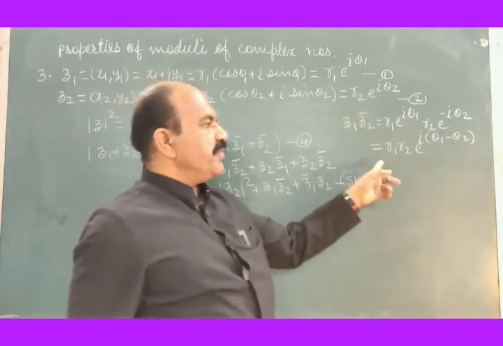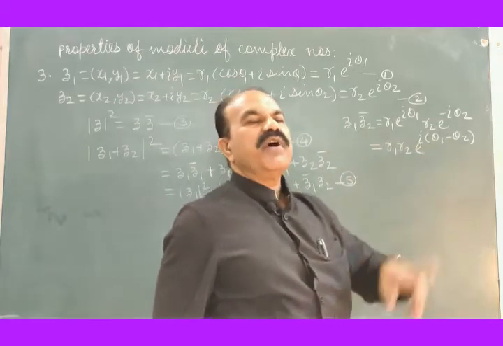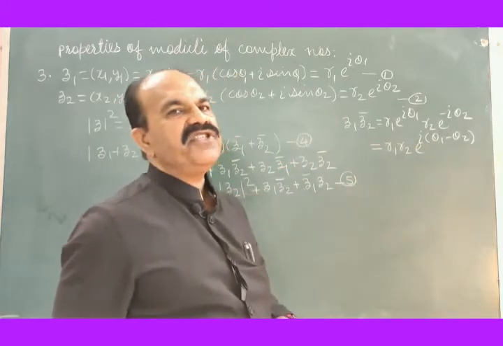So, Z1 Z2 bar is R1 R2 e to the power i into theta 1 minus theta 2.